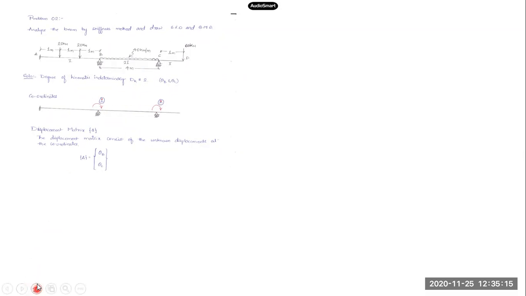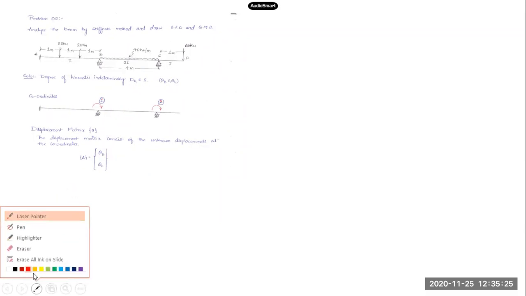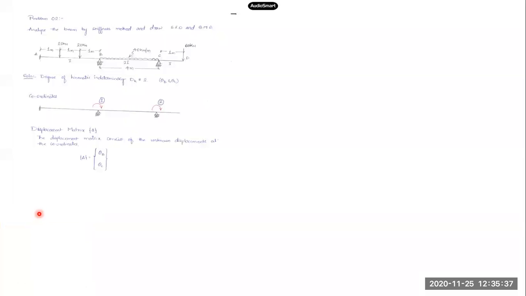Okay, there is no restriction that the coordinates have to be numbered in this order only, or the direction should be clockwise only. The user is free to choose the direction of the coordinates, as well as the numbering of the coordinates. Okay, so it is better if we follow one direction for all the coordinates.